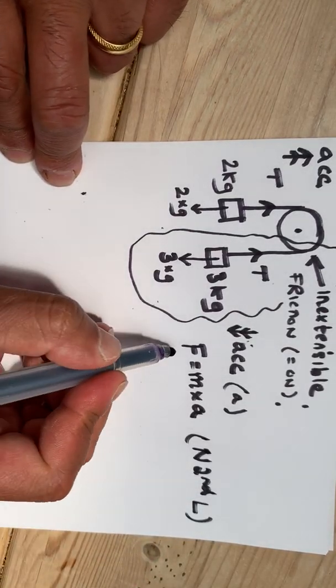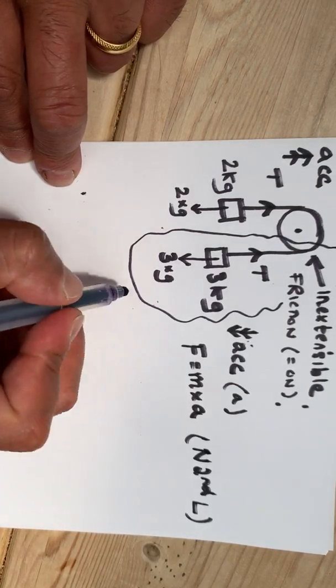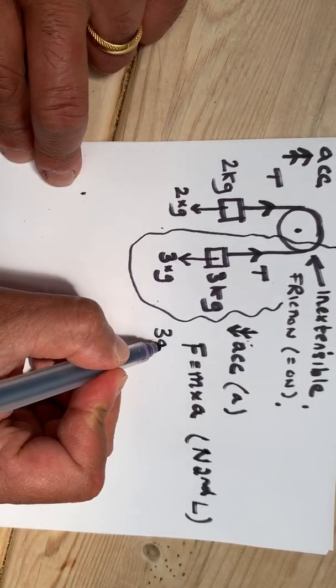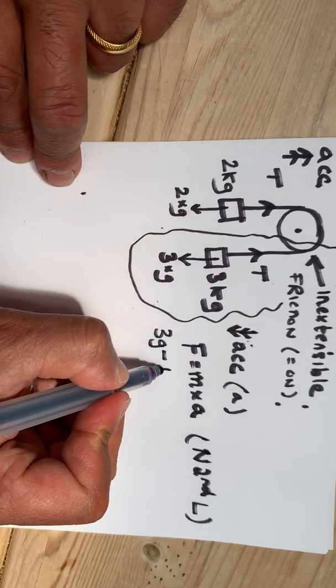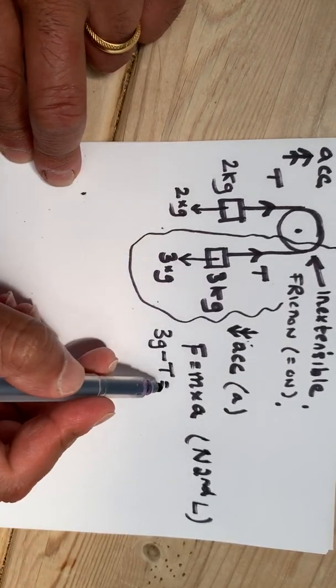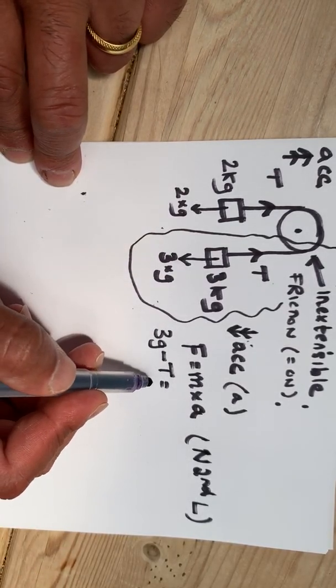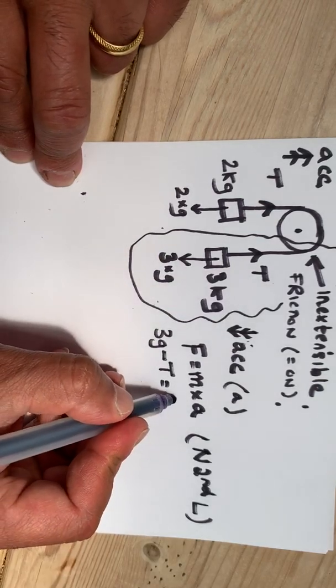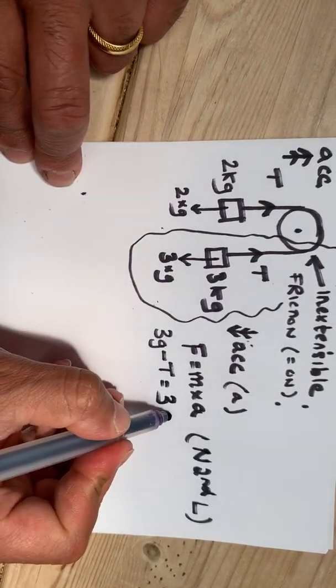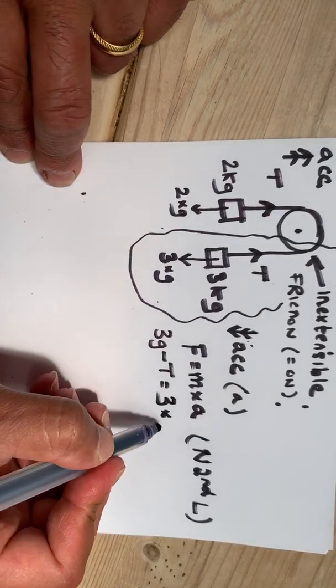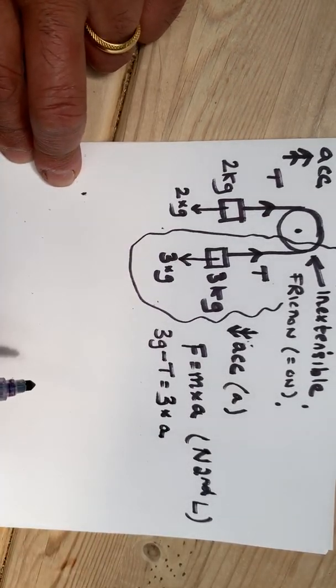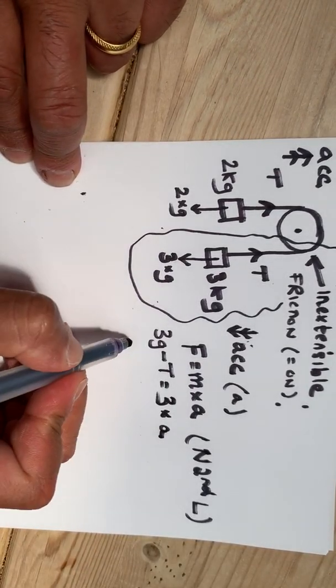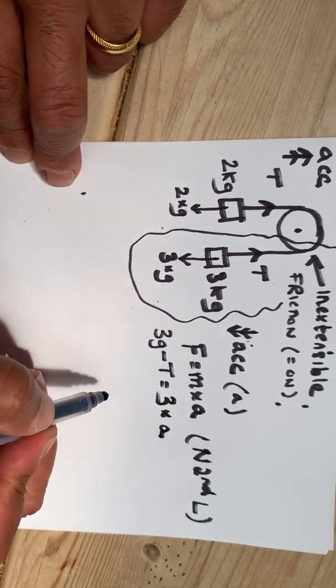The net force, the resultant force, is 3g minus the tension, equal to the mass. Be careful, the mass is 3 kg, so you multiply by 3, times the acceleration, which we still don't know. So the formula for the first section is 3g minus T equals 3a.